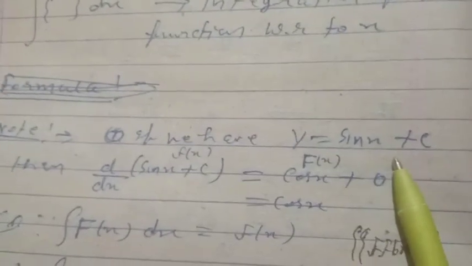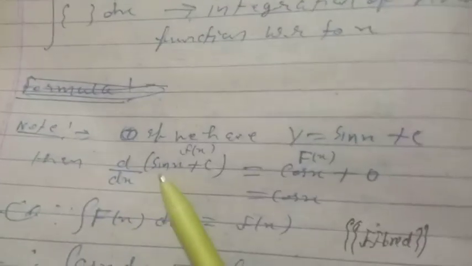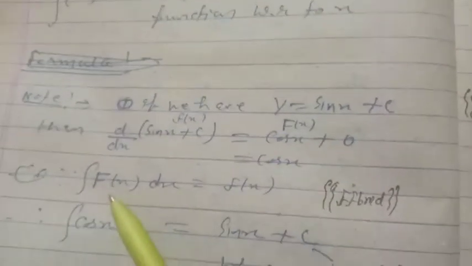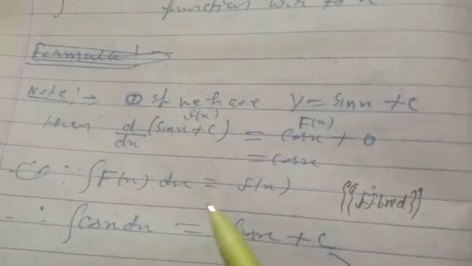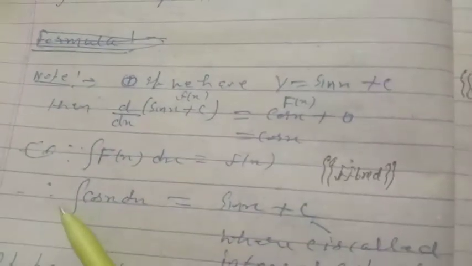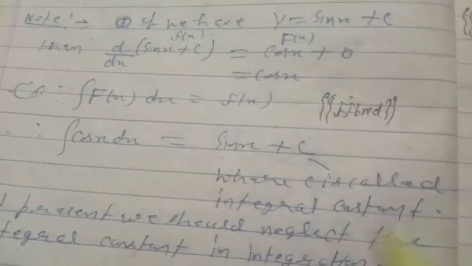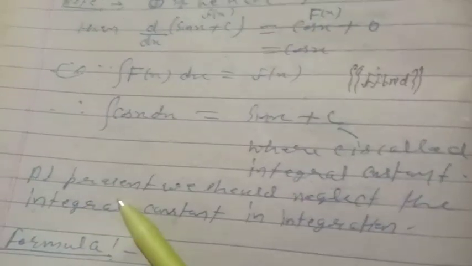Note, if we have y equals sin x plus c, then dy by dx of sin x plus c equals cos x plus 0 equals cos x. Since integration of capital F'(x) dx equals F(x), hence integration of cos x dx is equal to sin x plus c, where c is called the integration constant. At present, we should neglect the integration constant.